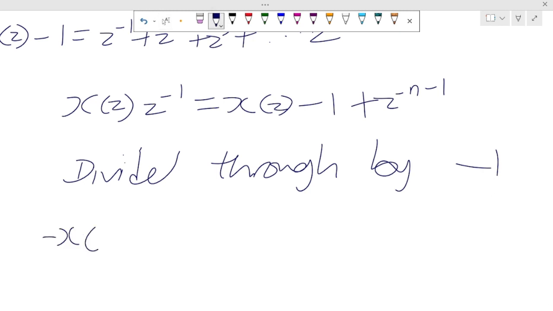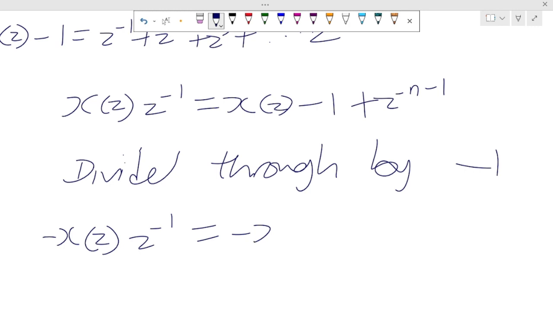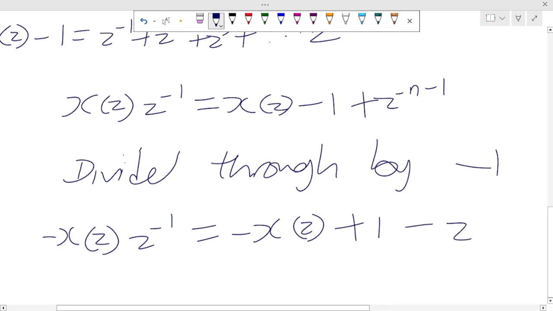Minus z, minus x of z raised to power -1. Okay, then equal to minus z minus x of z, then here will become +1. Okay, then here will become what? Minus z raised to power -n minus 1.